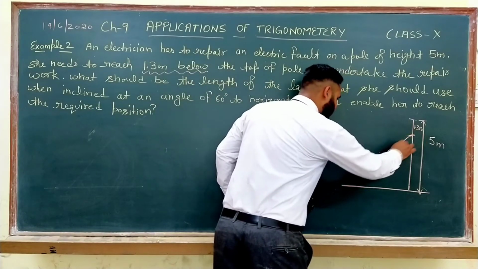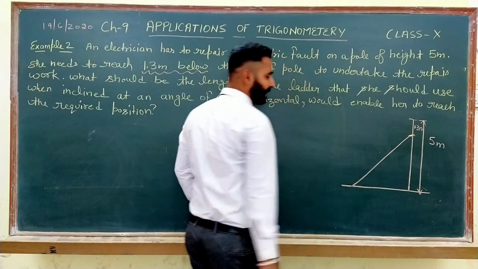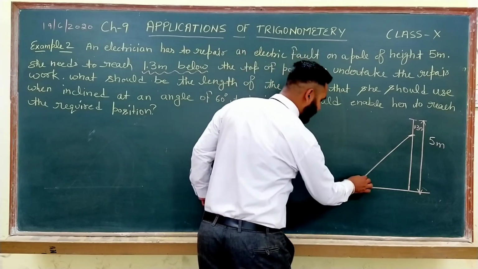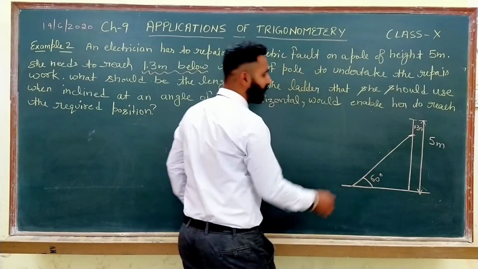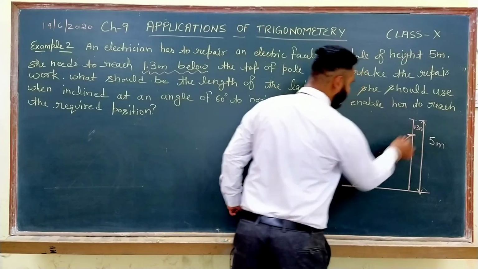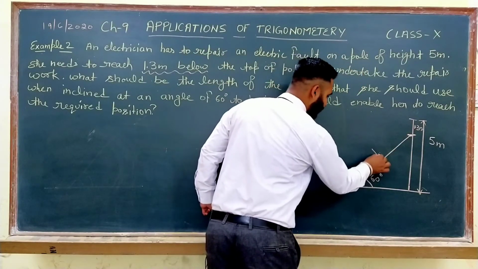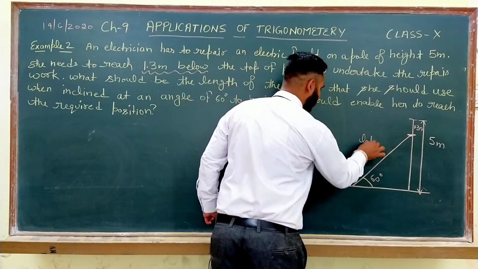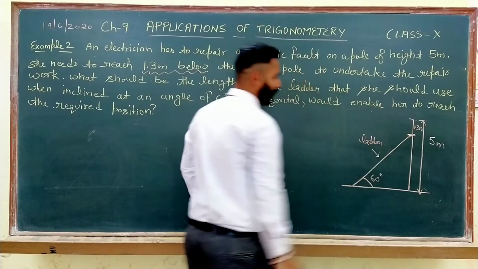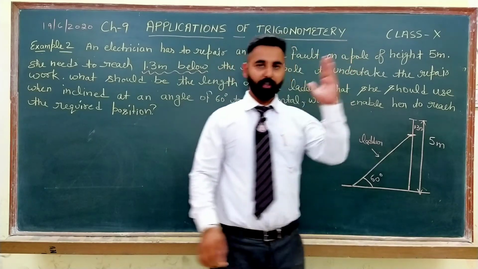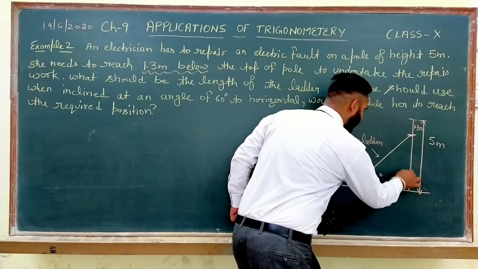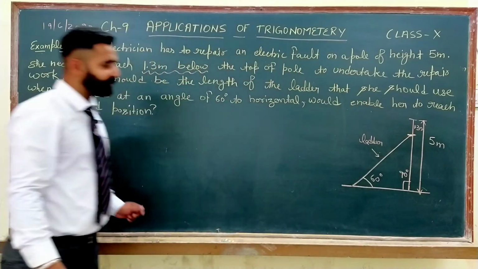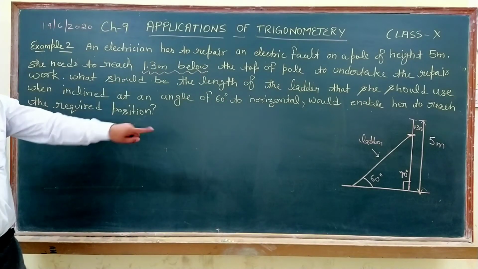If we are placing the ladder, we will place it like this, and it is inclined at 60 degree. Fine. Here I have to do the repair work. This is my ladder. So the pole is vertical, means at an angle of 90 degree. The second angle you got is 60 degree.